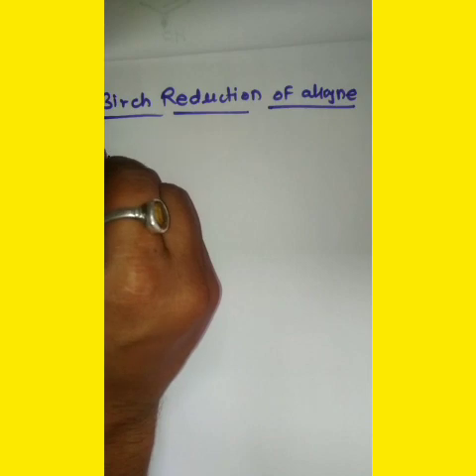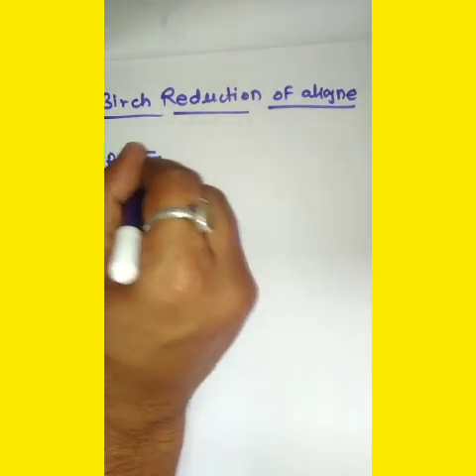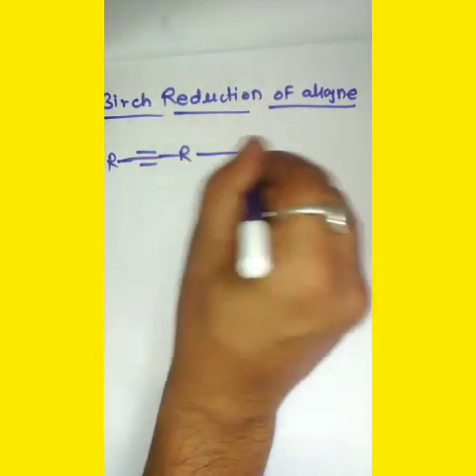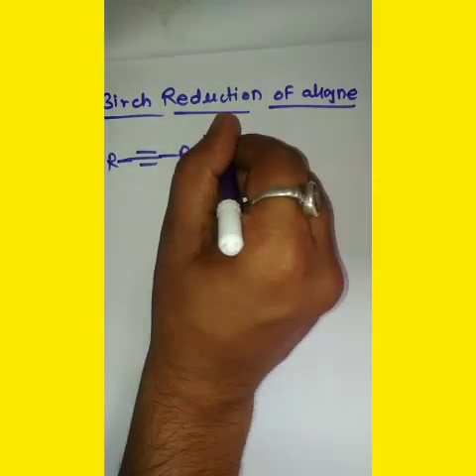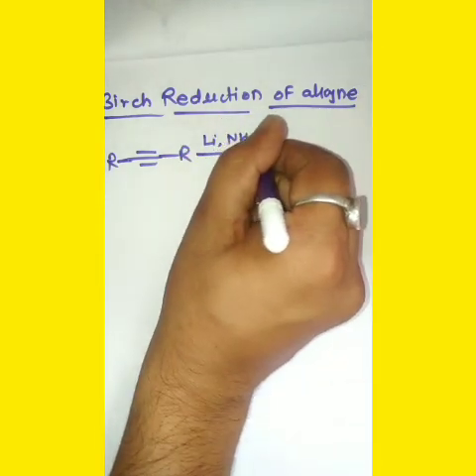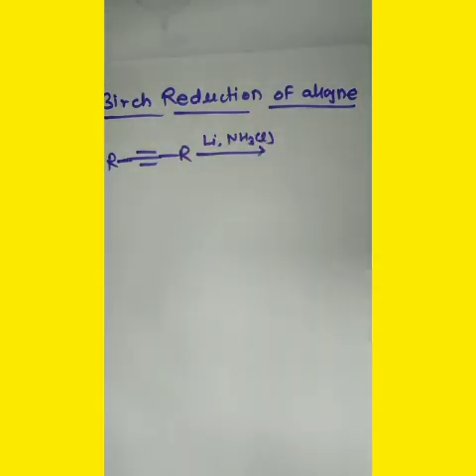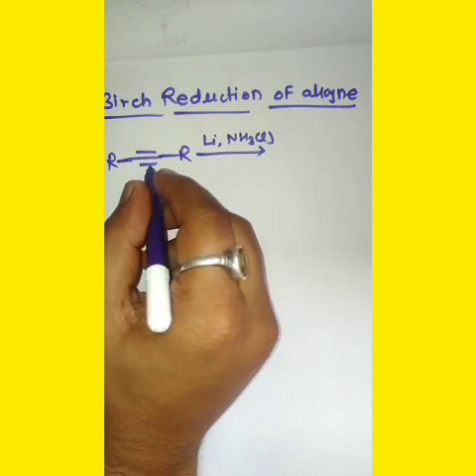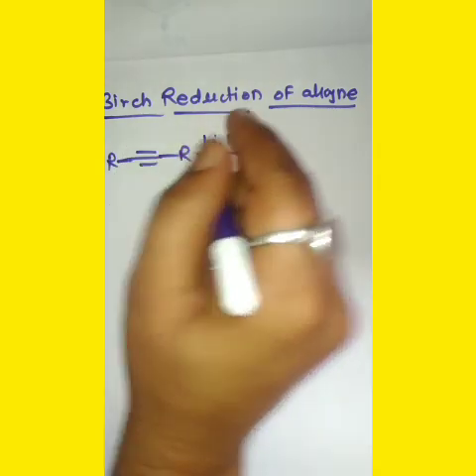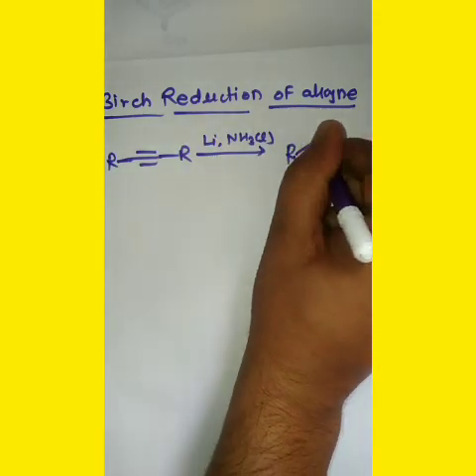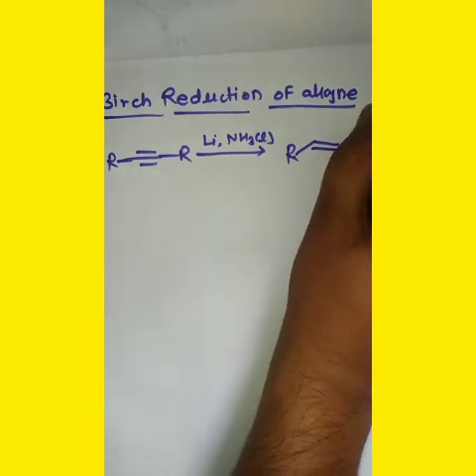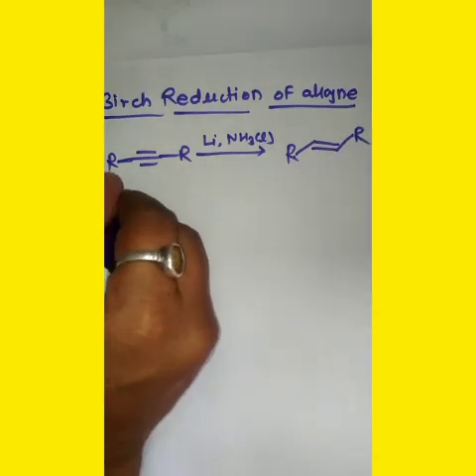Now the general reaction: lithium in liquid ammonia. Now in this case, the Birch reduction of alkynes gives trans alkene. We see the mechanism for this reaction.